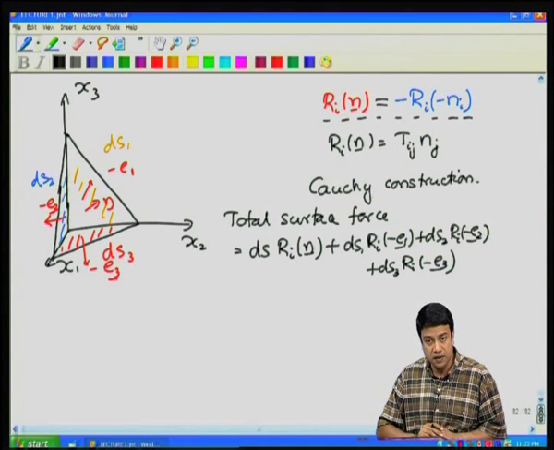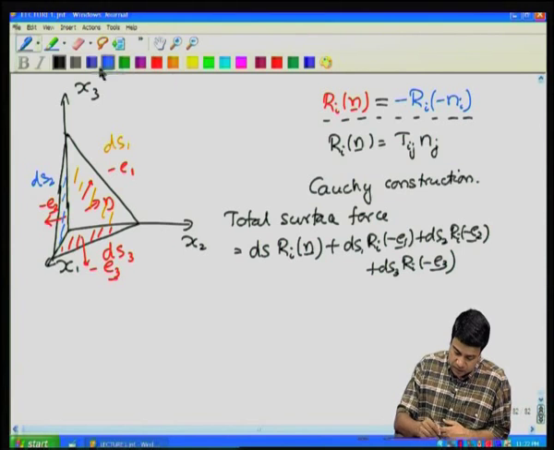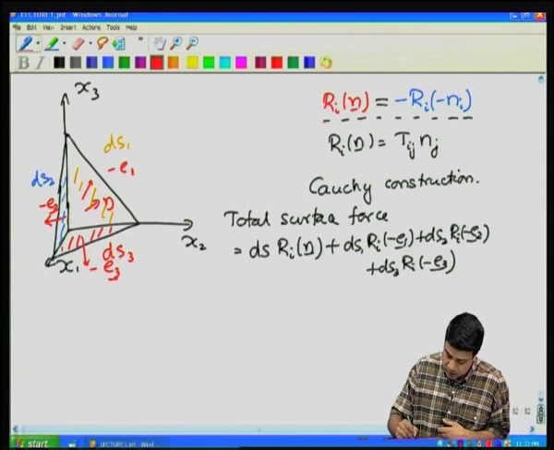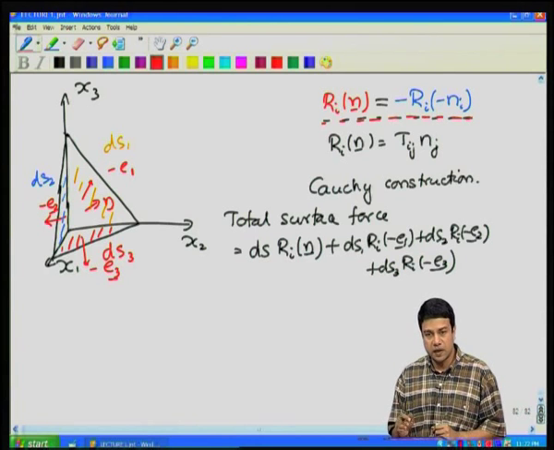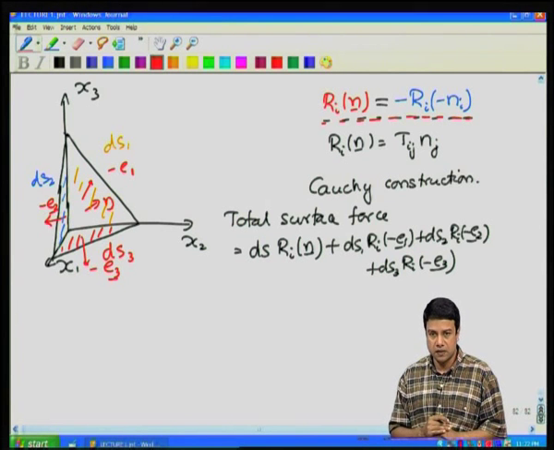And I also have this condition that when I reverse the unit normal, the direction of the force changes. Therefore, r i of minus E1 is equal to minus r i of E1, r i of minus E2 is equal to minus r i of E2, and so on.